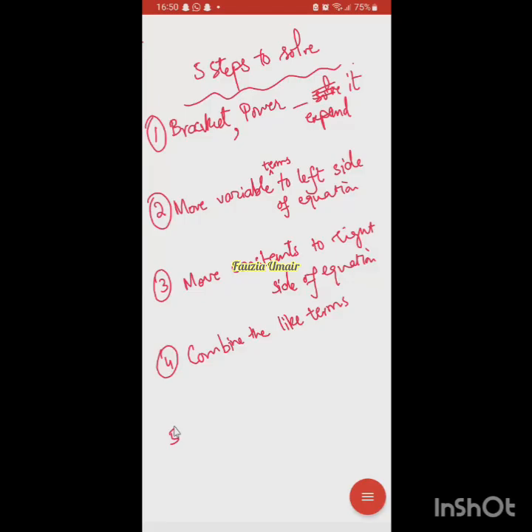And the last step: after combining, there would be one variable term on the left side and one constant term on the right side. So now divide both sides with the coefficient. You know now what is coefficient?